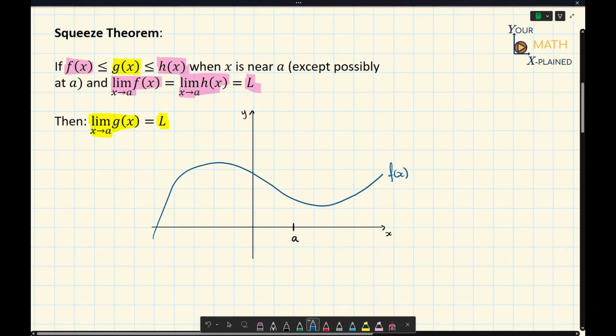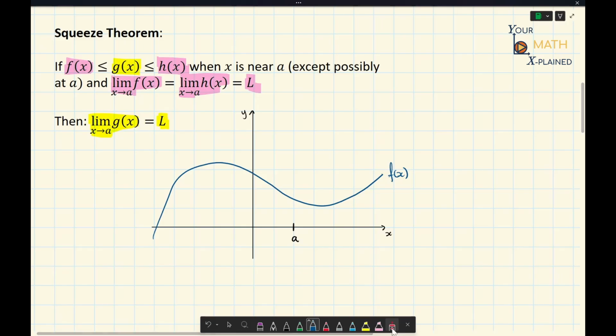And the only thing is that we know that the limit of both f of x and h of x as x approaches a is equal to L. So let's go ahead and write that down first. So here is a, and the limit of f of x as x approaches a is going to be equal to L. So that's right over here. This is going to be our L. And now we know that h of x has that exact same limit at a.